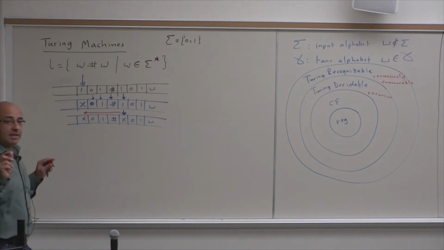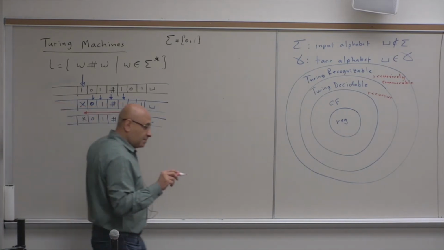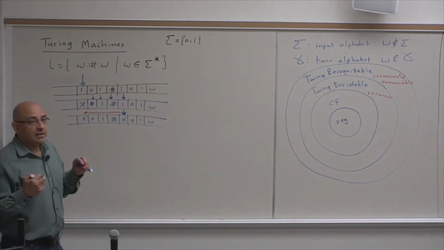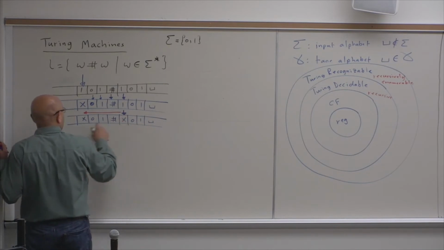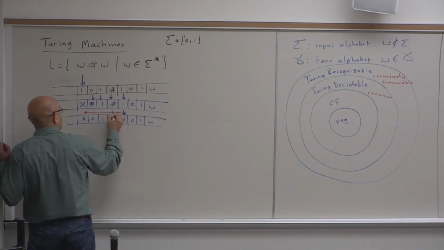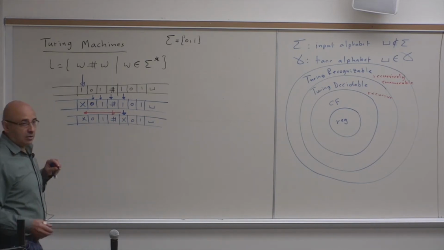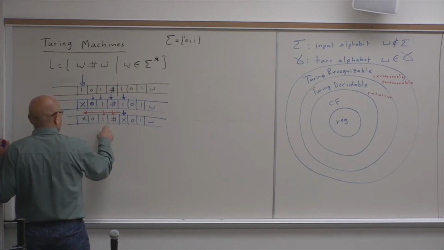Each step is going to be a transition. That's why our description of the Turing machine here is high level, and we are not showing all the details. So the head will get to this X one step at a time. Each time it goes one step to the left, it checks: is this an X? No. Go to the next.